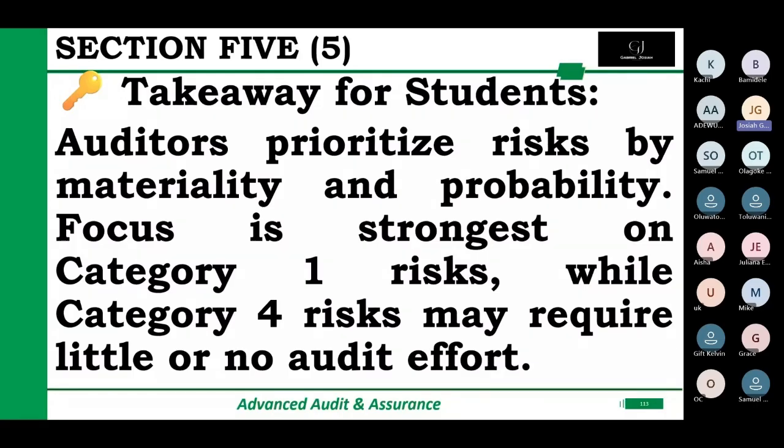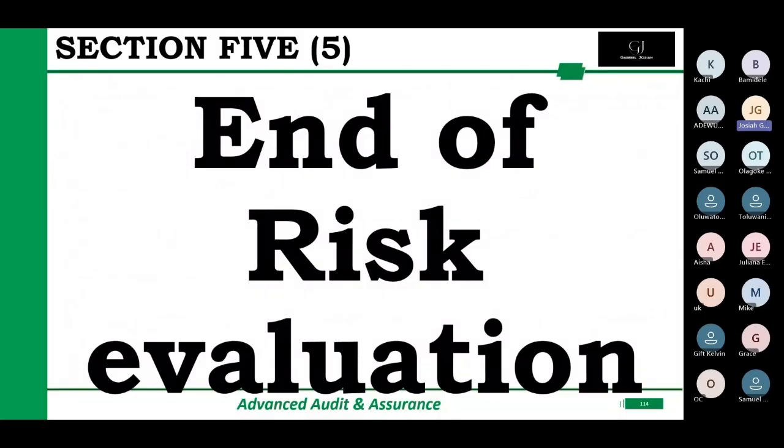So the key takeaway is that auditors prioritize risk by materiality and the probability of its crystallization. So focus is strongest on the highest risks, while the lowest risk may require little or no audit effort. This is very important in understanding risk, evaluation, and management.